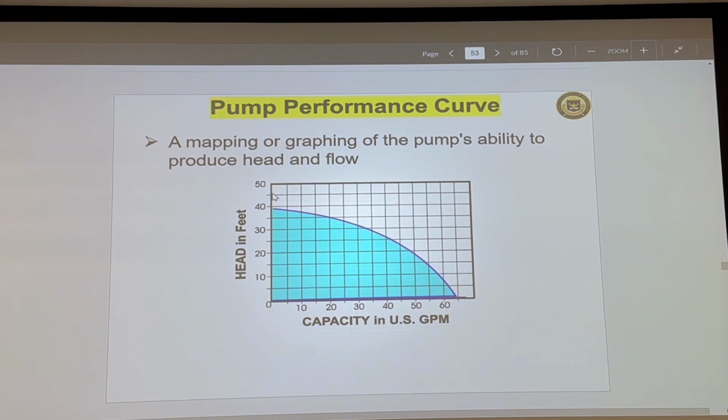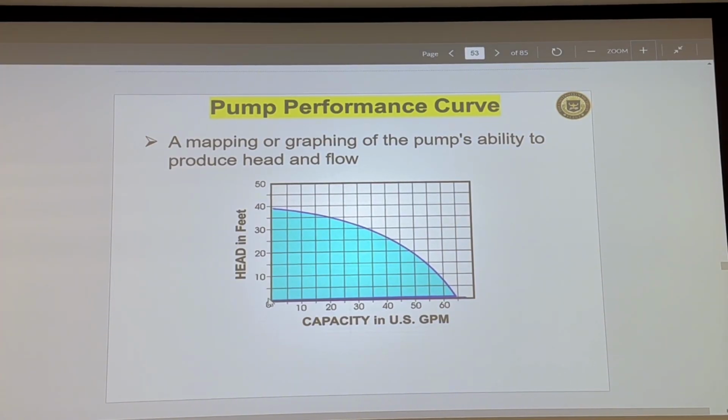Now, as you increase the flow, the pressure drops. For example, if I am running at full capacity, 60 gallons per minute, if you look at my pressure, it's almost zero head. That means I have a lot of flow, but I don't have a head to push the fluid forward.